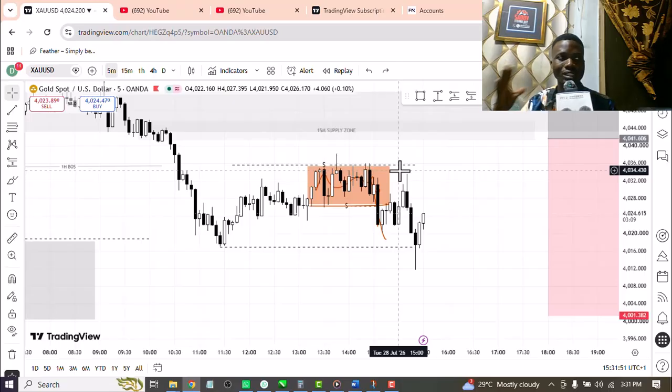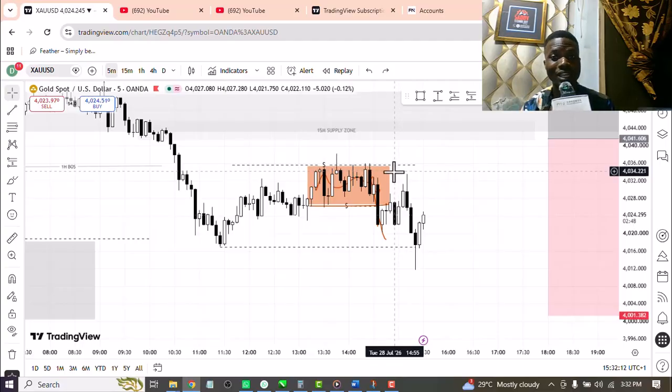Another language that we usually use to call these three phases is accumulation, manipulation, and distribution.